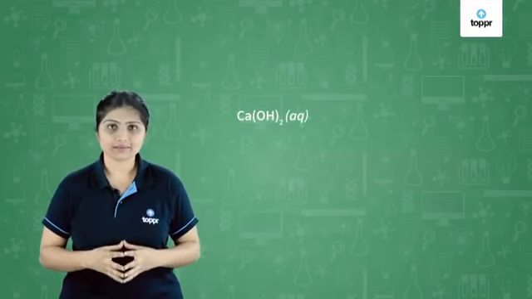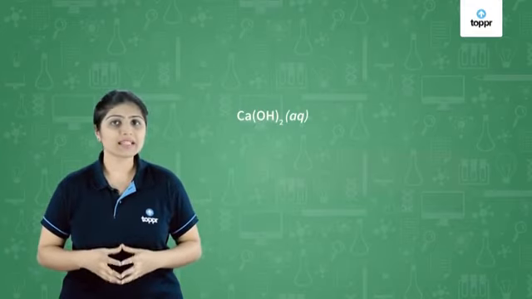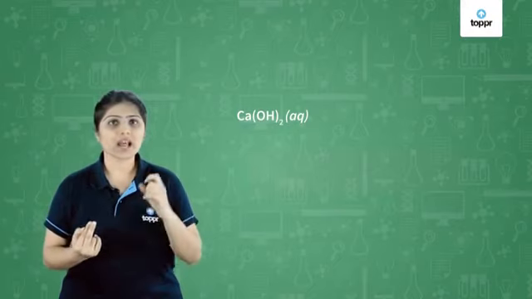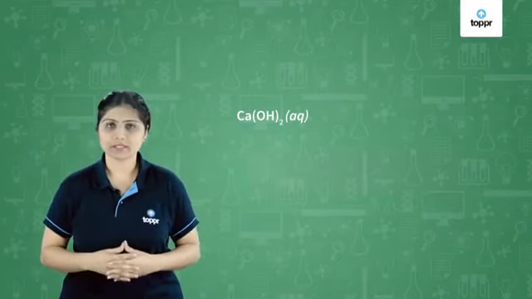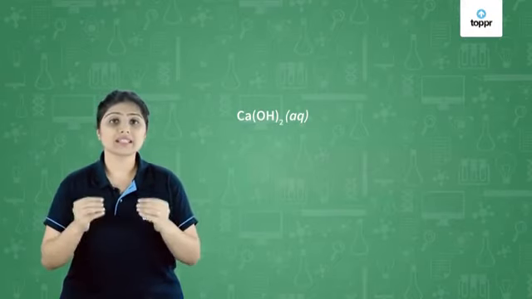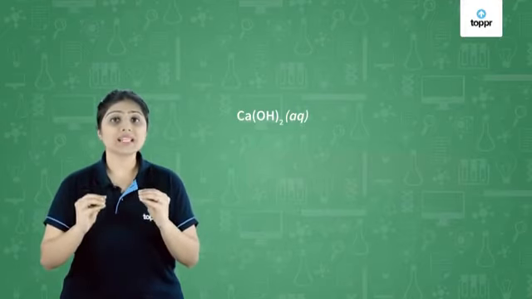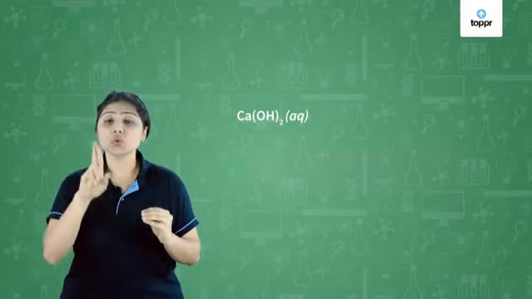Okay, let's take one example and let's see if you can write the dissociation of this example. We have calcium hydroxide. Calcium hydroxide's formula is Ca(OH)2 because calcium's valency is 2 and hydroxide's valency is 1. So now when calcium hydroxide dissociates in water, what will it give? Well, calcium's valency is 2, so it will give 2 electrons.